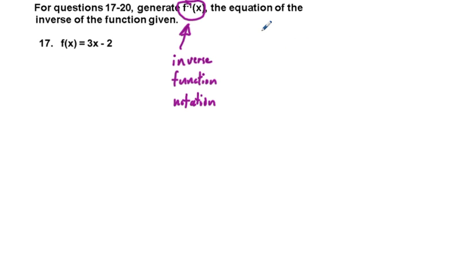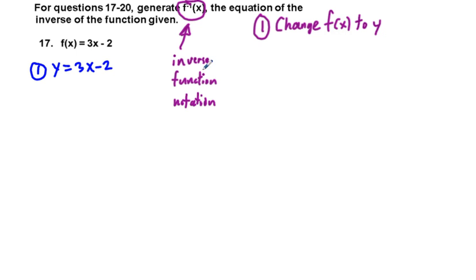You have f of x, so step one, change f of x to y. So I'm going to do that with this first function here, f of x. So I'm going to say change that to y equals 3x minus 2. So that's step one. Yeah, circle that.